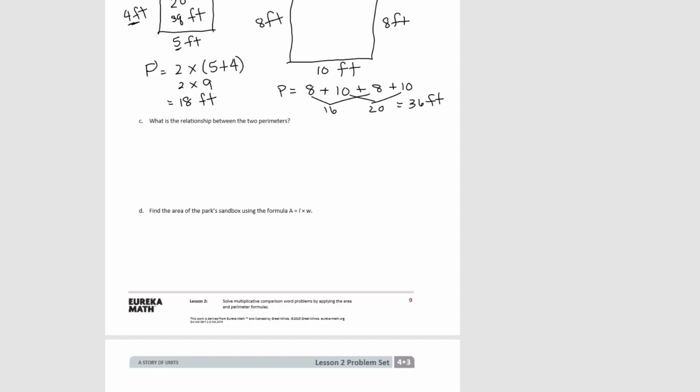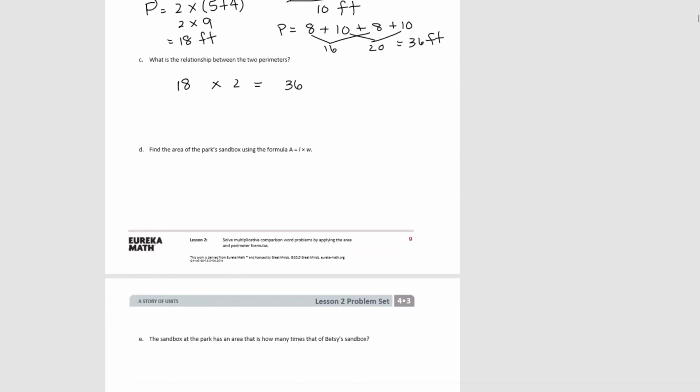What we see here is the relationship between the two perimeters. The perimeter of the playground in the park is twice the perimeter of Betsy's playground. Now let's take a moment to find the area of the park. Pause the video and try that. Okay, area is length times width.